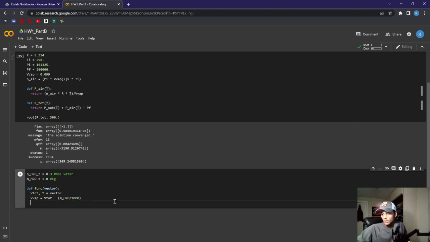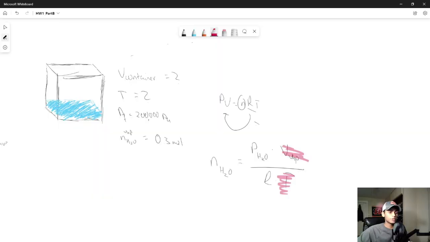Now, there's also another thing that I want to point your attention to. Over here, we have that moles of H2O. However, if you remember from the last problem, we don't only have water in that atmosphere. Rather, we have a couple of things. We have water, of course, but we also had air in there.